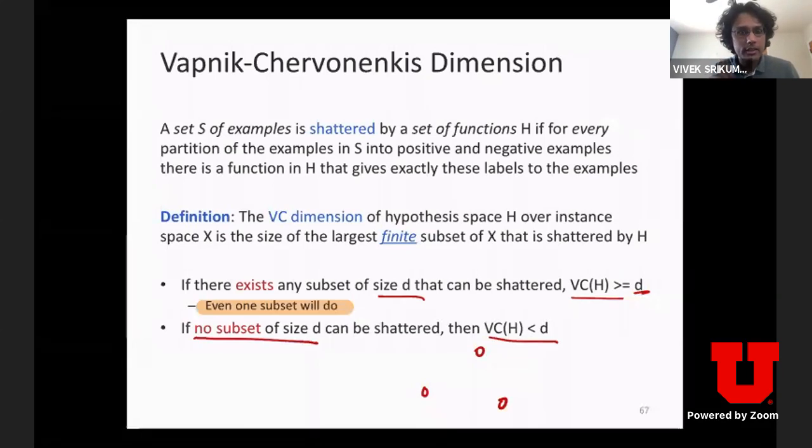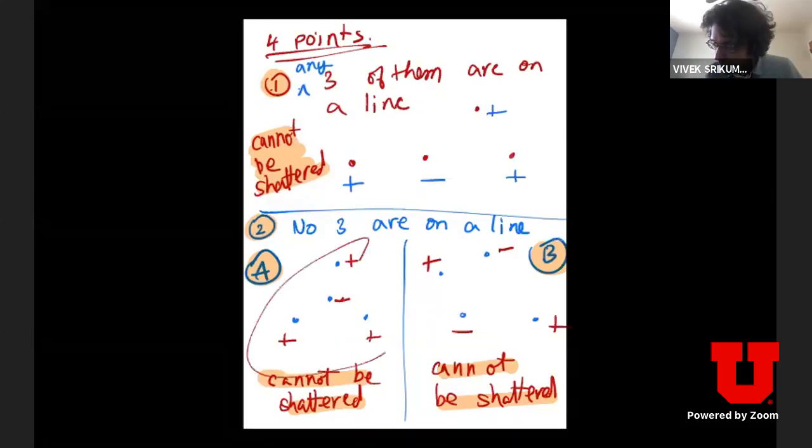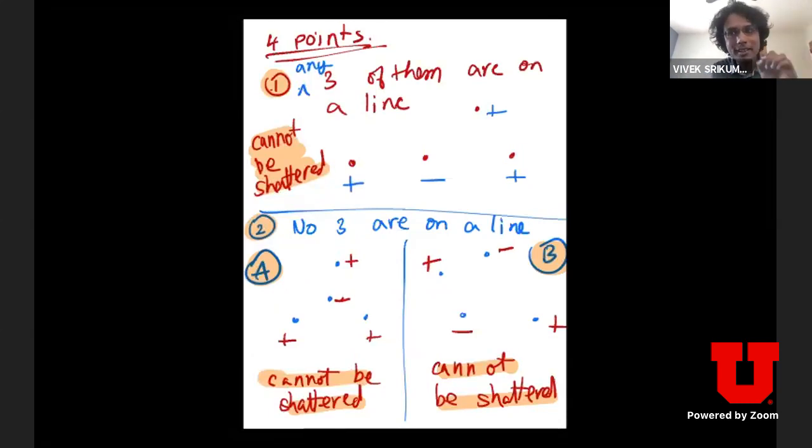This is the tricky bit. Even one set of 3 points is enough to show that the VC dimension is 3. With 4 points, no set of 4 points can be shattered. And to show that no set of 4 points can be shattered, even one labeling is enough. So with 4 points, to show that this arrangement is not shattered, we just need one labeling. To show that this arrangement is not shattered, we just need one labeling. So the quantifiers line up in an interesting way.